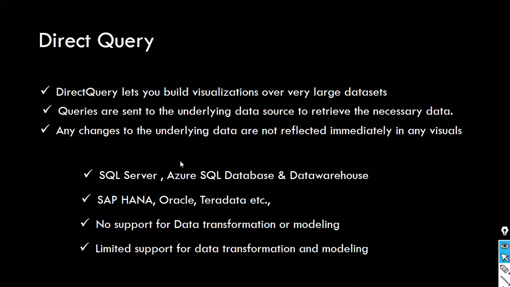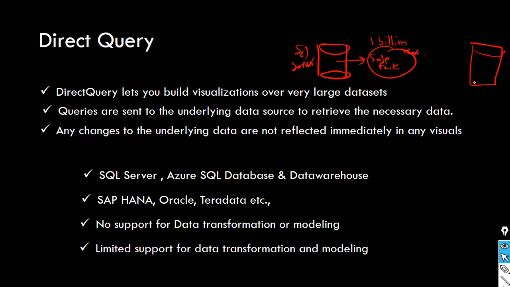For example, this is my SQL Server, and let's say I have a table called sales fact. This table has, let's say, 1 billion records in it. This is my Power BI Desktop.